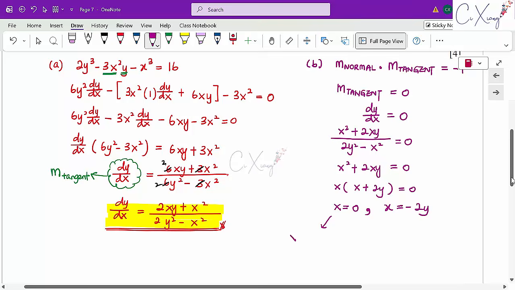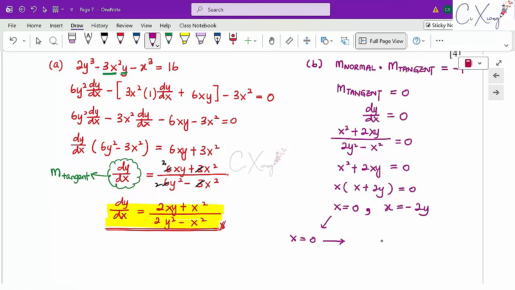Basically, you let x equal to 0, and substitute it into the original equation. Substitute x equals 0 into this original equation, and let's see what we get. We have 2y power 3 equals 16. And very easily you'll get y equals 2.